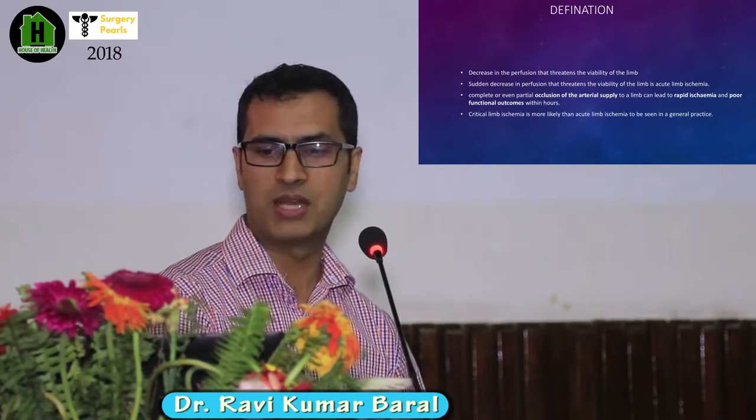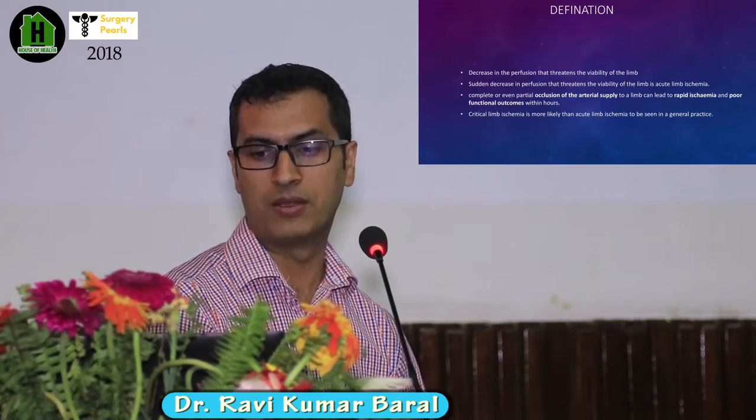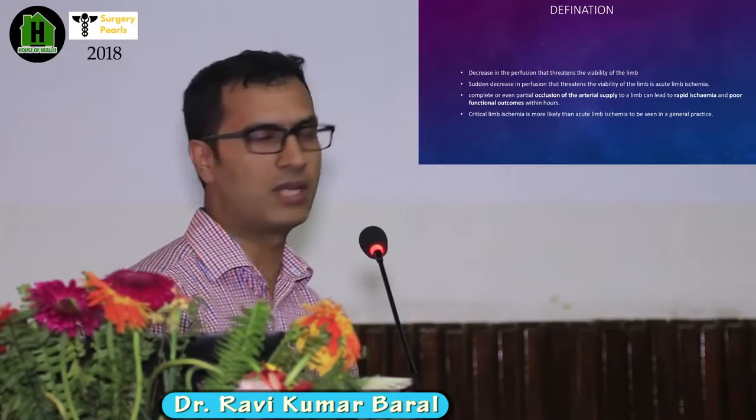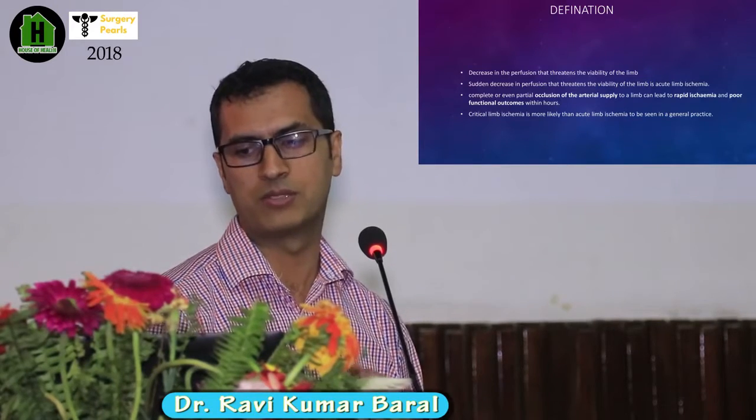Chronic critical limb ischemia is more likely than acute limb ischemia to be seen in general practice. But for us as surgeons, when we encounter acute limb ischemia, most of the time it is in post-traumatic and injury patients.